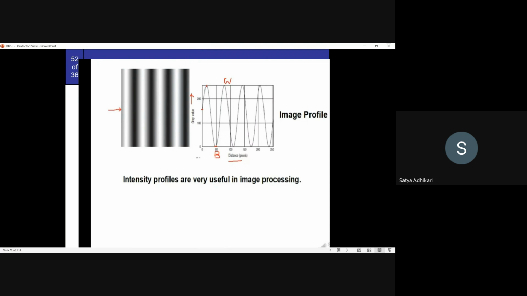You can draw a corresponding graph by taking two axes. One is gray level values, another is pixel values.